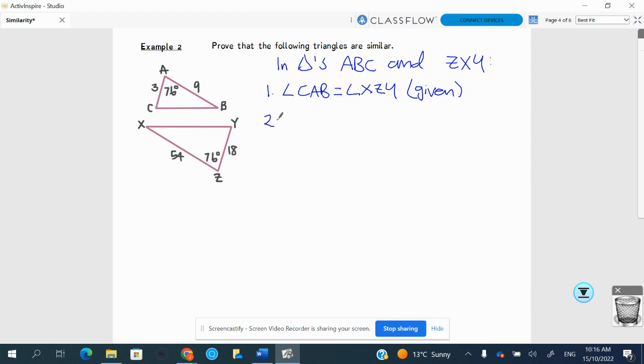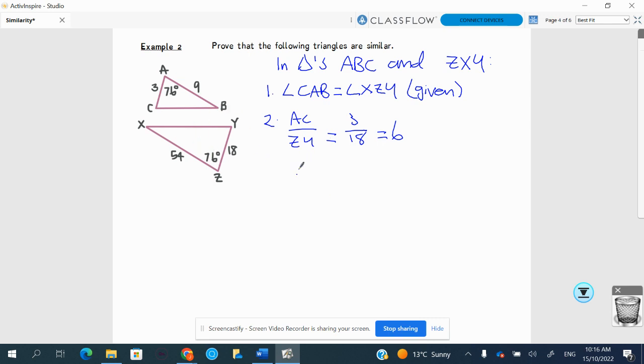Okay. Next, we have some information about the sides. So I can see here that side AC over its corresponding side ZY will be equal to 3 over 18, which is 6. Let's have a look to see if the other ratio matches.